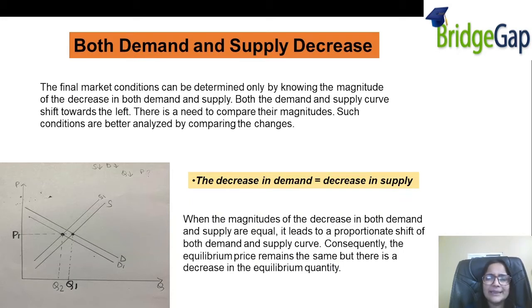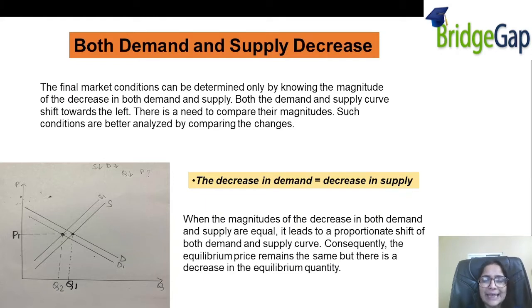So what are the possibilities? Either the decrease in demand and supply is equal, that is, the magnitude by which demand decreases is the same magnitude by which supply decreases. Or the magnitude of decrease in demand is greater than the magnitude of decrease in supply.